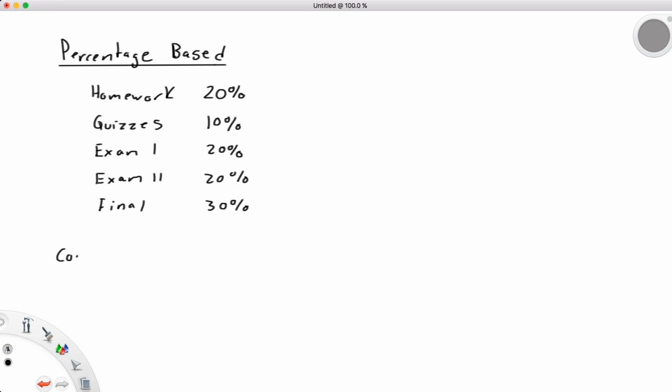And so we can say that our course grade is literally going to equal 20% of whatever our homework score is, which I'll label H, plus 10% of whatever our quiz score average is, plus 20% of whatever our exam 1 score is, which I'll label E1, plus 20% of whatever our exam 2 score is, which I'll label E2, and plus 30% of whatever our final is.